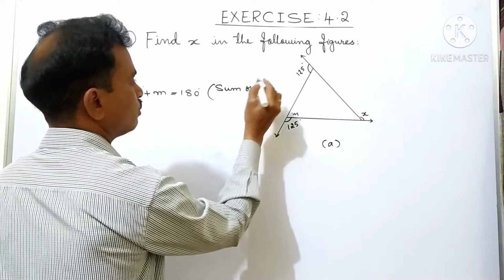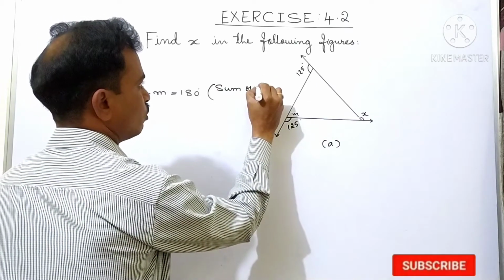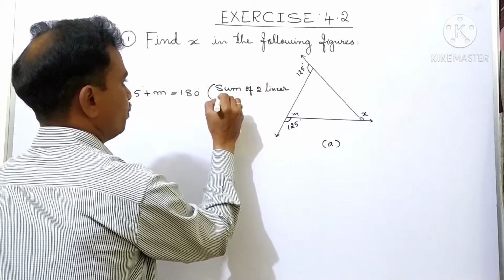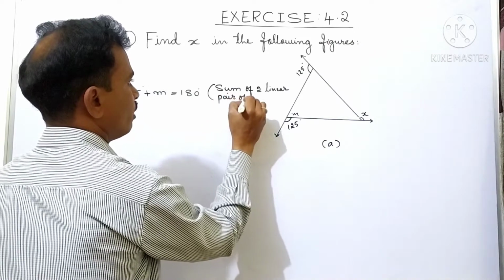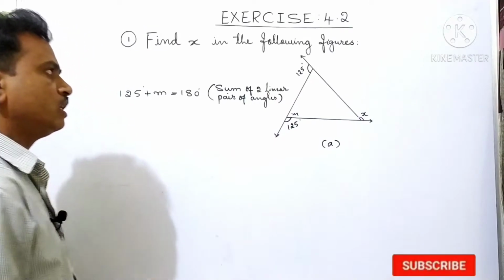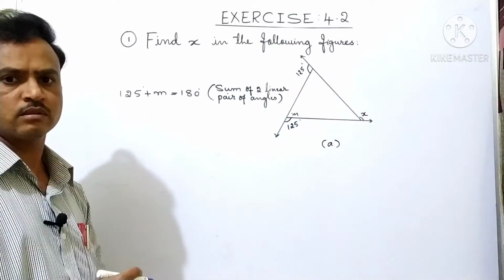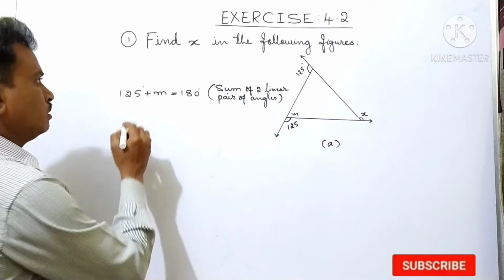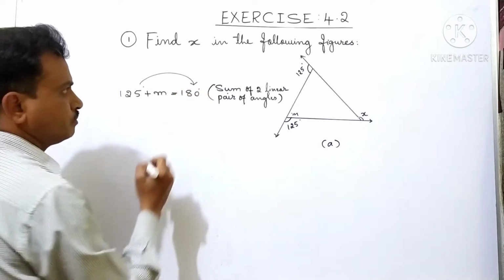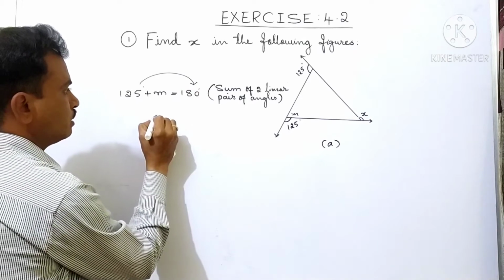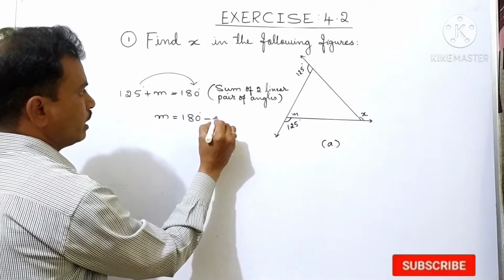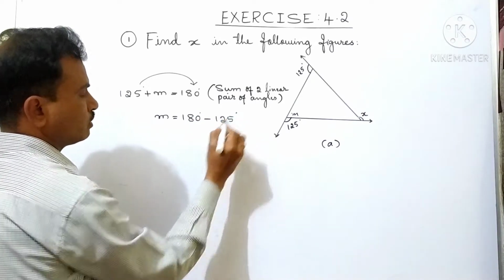Sum of two linear pair of angles. Okay, 125 you should take to right hand side, become minus. So M is equal to 180 degree minus 125 degree.